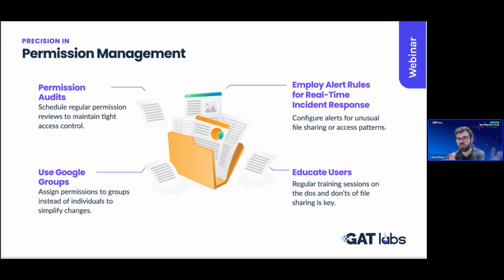Essentially, you're managing groups instead of each individual user. And alerts, DLP rules, configuring anything that's going to give you more insight, more awareness as to what's going on in your environment is always going to help you as well. And repeating it again, educating your users.